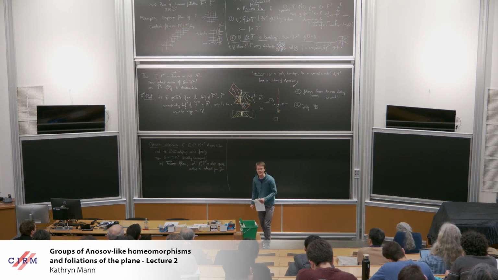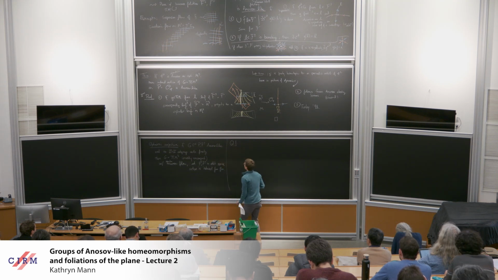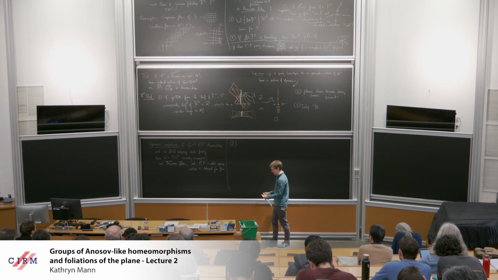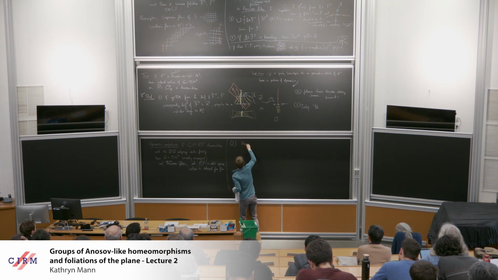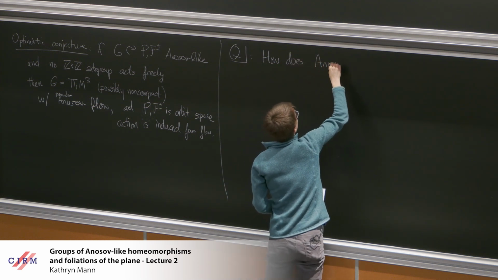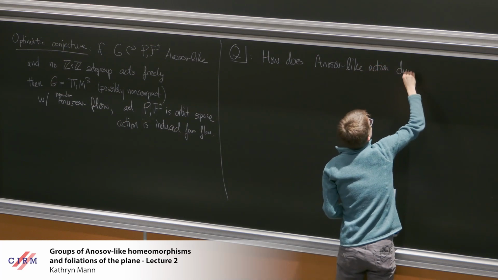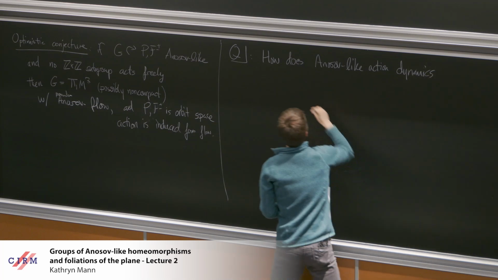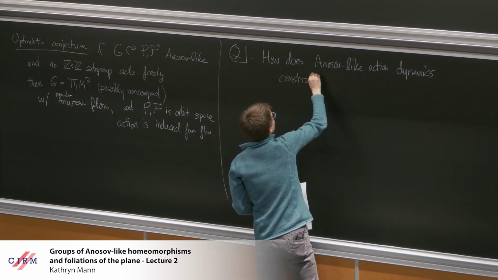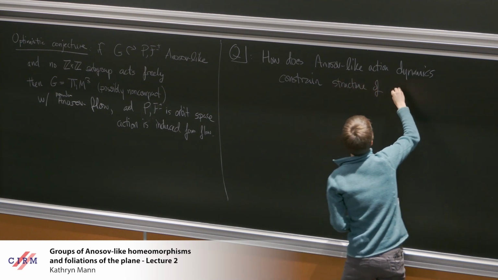The general question for this bunch of talks, and the next part of the mini course, whether this is true or not, is something that's independently interesting. This is the question of how this kind of Anosov-like action constrains the structure of the bifoliation that I have on the plane.